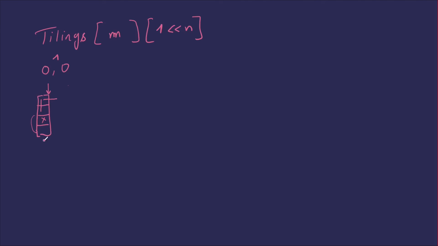So each way of filling a column leads to a next mask that represents the mask at the next column.